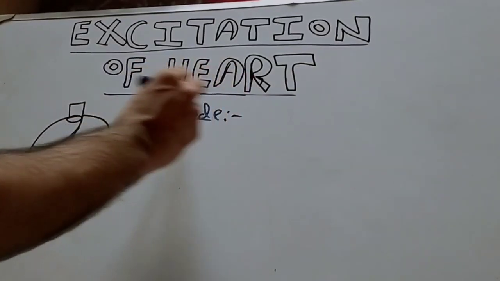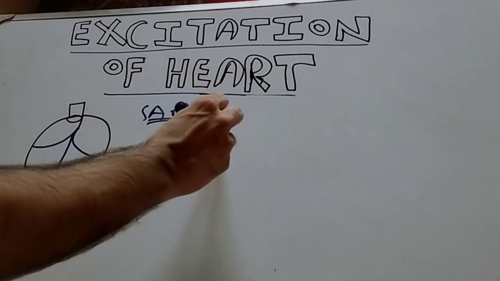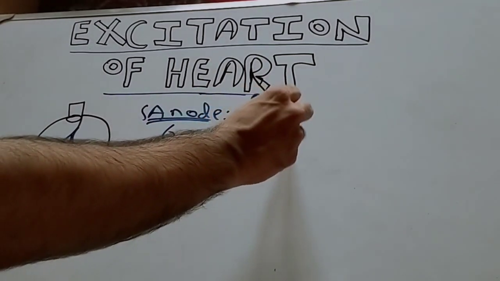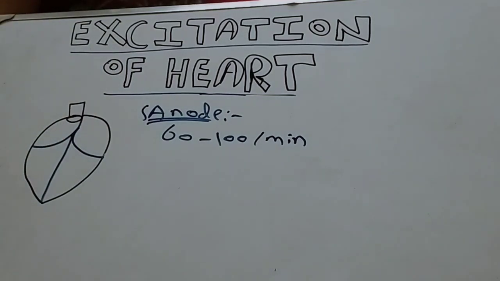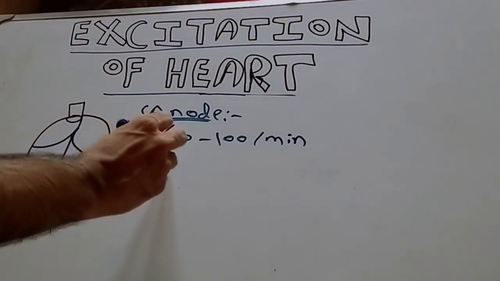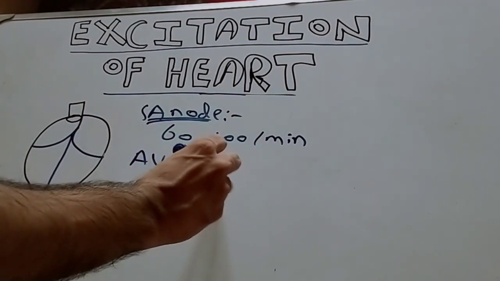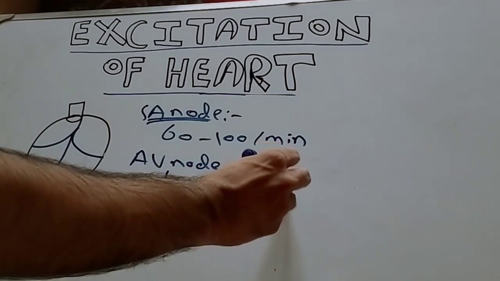The SA node actually generates 60 to 100 impulses per minute. And the AV node actually generates 40 to 50 impulses per minute.